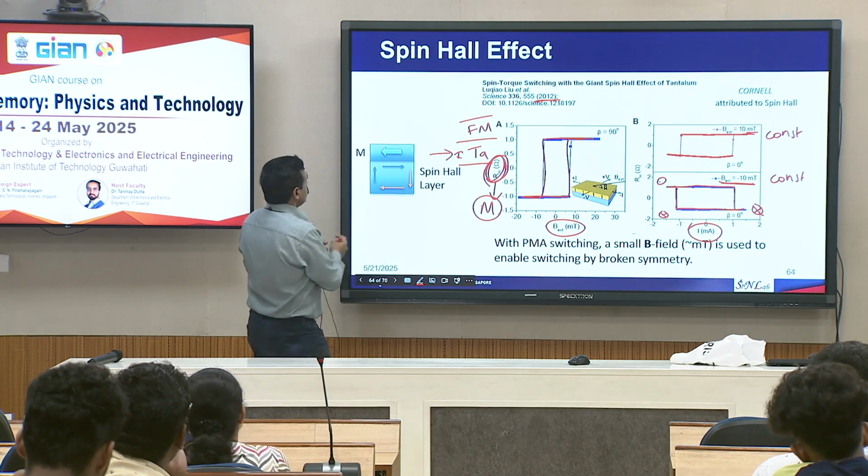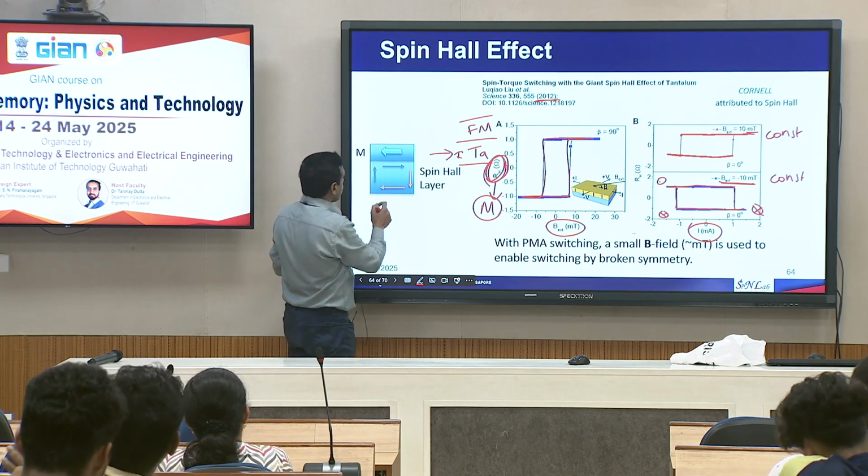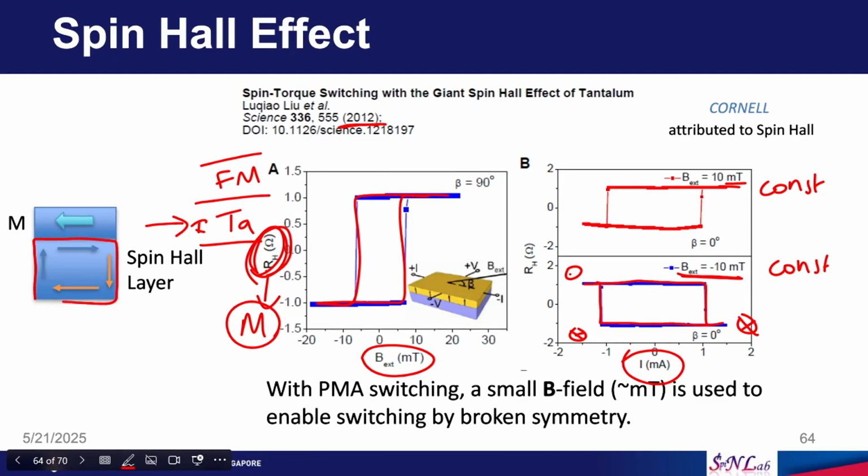Okay. So, what happens is when they send current, let us say now this is a cross sectional view. So, this is tantalum for example. When you send the current through the tantalum layer, one type of spin accumulates here, another type of spin goes into the opposite direction, then you can see down spin is here, up spin is here.